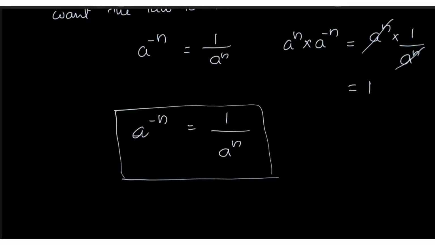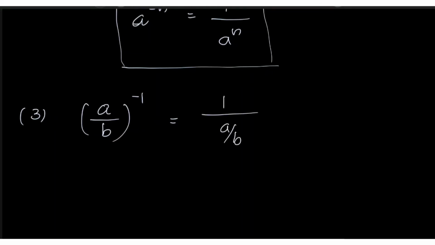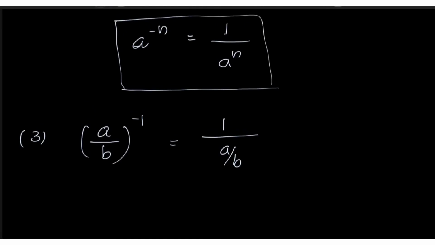Next is our third law. That is, a by b raised to negative 1. From this negative 1, it is clear that it is equal to 1 by a by b, as per a raised to negative n is equal to 1 by a raised to n. In the same way, a by b raised to minus 1 is equal to 1 by a by b raised to 1.